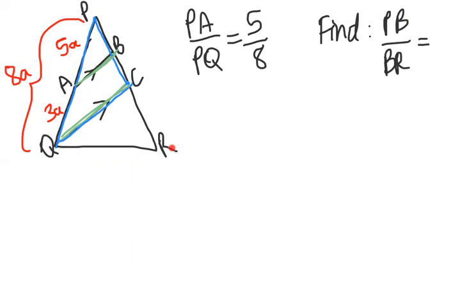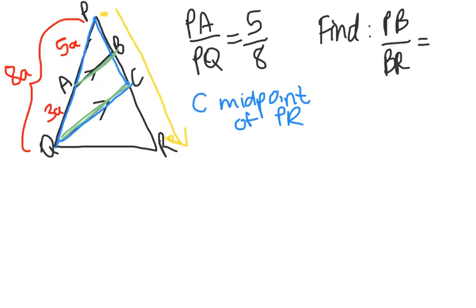But let's just see something. I forgot to say, in the question, they say point C is the midpoint of PR. Midpoint of PR. So there's P, there's R. So the whole line over here, that is PR, of which C is the midpoint.